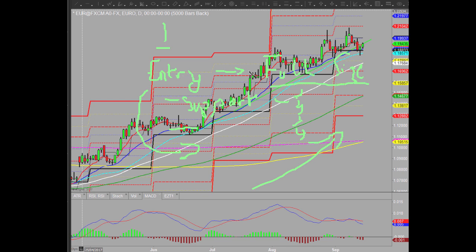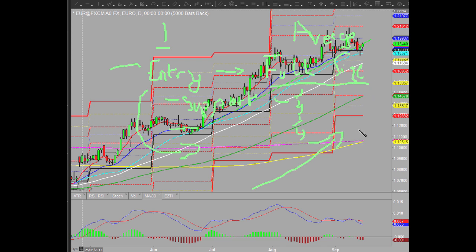This is the averaging, averaging into a position which is going against your ultimate entry. So in effect, it's going wrong. You've already gone full size, and you're then starting to add into it to bring the cost of the trade down.